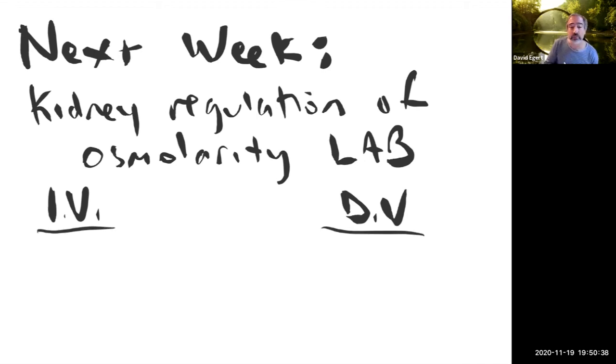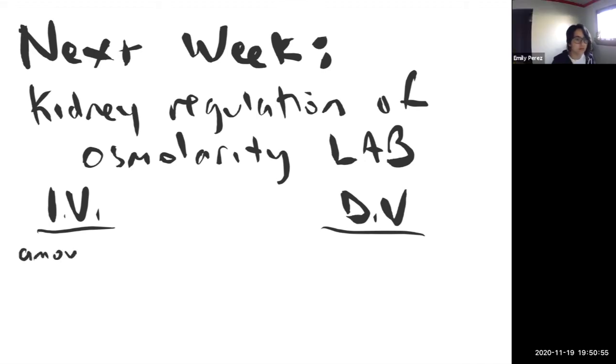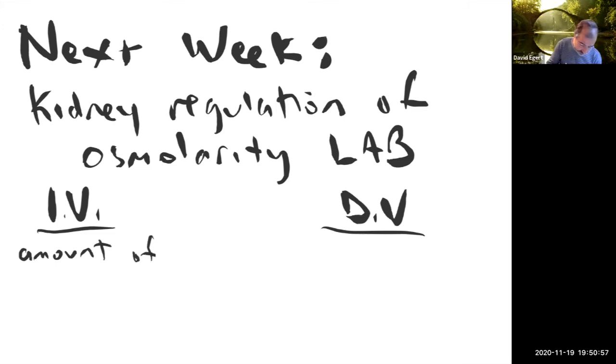For independent variables, what would be an interesting thing to vary if we're looking at how the kidneys regulate things? Water. So we're going to vary the amount of water that people drink, amount of H2O intake.